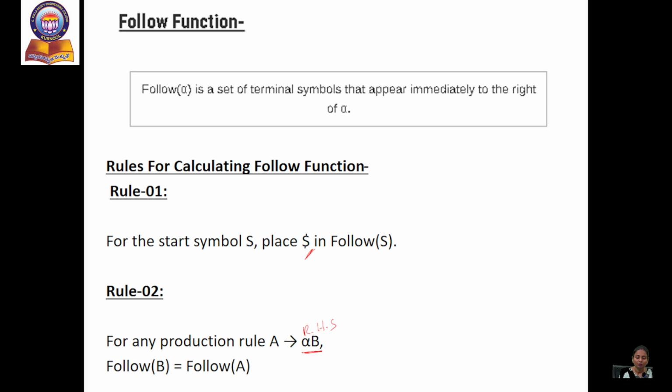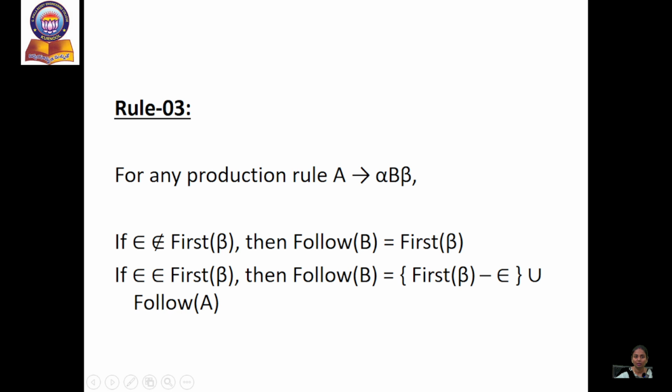Now if you want to calculate the follow function of B, follow of B is equal to follow of A. The follow function of B is nothing but the set of terminal symbols which appear immediately to the right of that non-terminal. Immediately to the right of B, there are no terminals. In such cases we have to consider the non-terminal from where it derived, that is A, so we consider follow of A. Follow of B will become the follow of A.